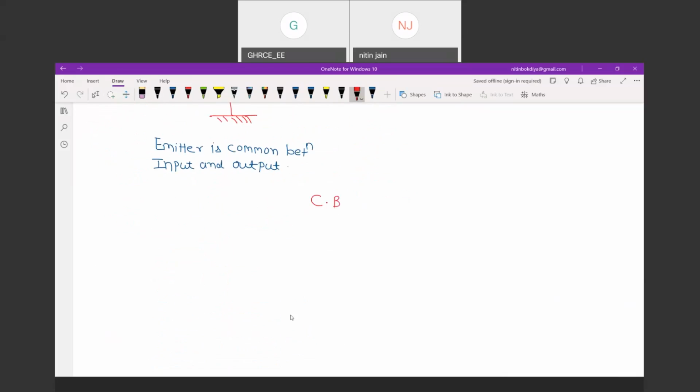In common base circuit, we will take output across collector terminal. इसको RC लिख दें या RO लिख दें.